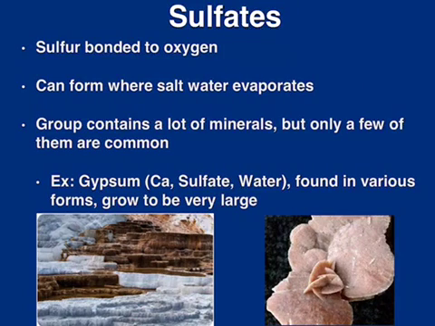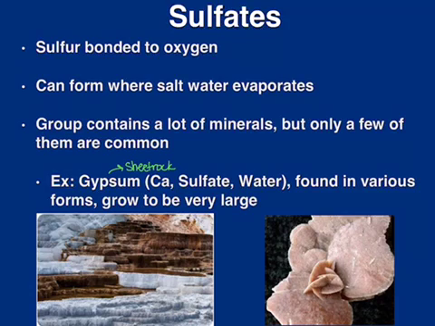Sulfates are bonded to oxygen atoms, and they can form where salt water evaporates. The group contains a lot of minerals, but only a few of them are common. Gypsum is one of the most common ones. It will contain calcium, sulfate, and water. And gypsum actually gets used in our sheetrock, which makes up walls in many houses.